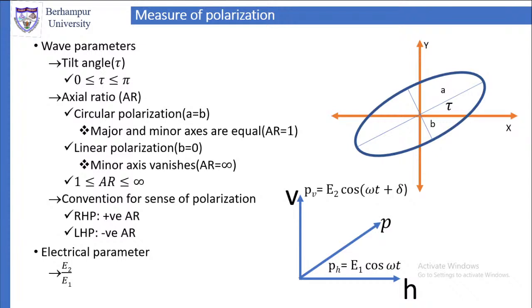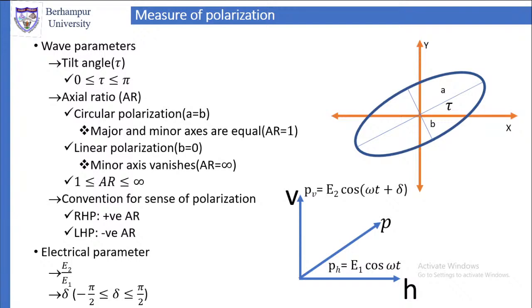So that is one electrical parameter. The other electrical parameter is delta, and delta is the phase difference between E2 and E1. As you know, the phase difference can be between 0 to pi, or 0 to 180 degrees. Instead of writing 0 to pi, if we want to take care of the sense in describing the phase difference, then we can write it as minus pi by 2 is less than equal to delta is less than equal to pi by 2.